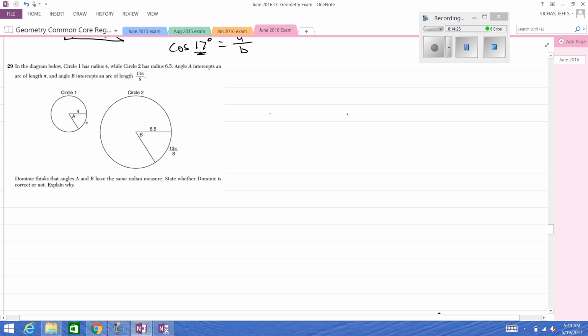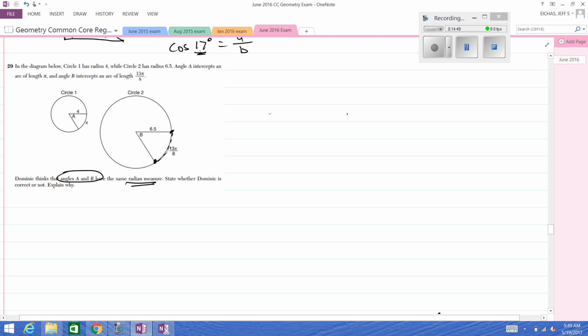All right. Let's see. Oh boy. Radian measure. Okay, angles A and B just have to be congruent to have the same radian measure. Just like degree measure, just a different format. Radian measure basically is talking about how many radii it would take to cover this arc.